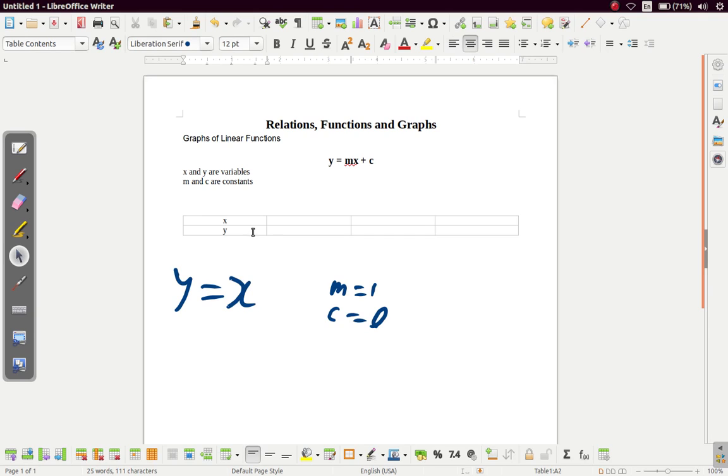We will put in x first and get out y. Let me use a value of x as x equal -5. And let's use 0 and 6. -5, 0 and 6.